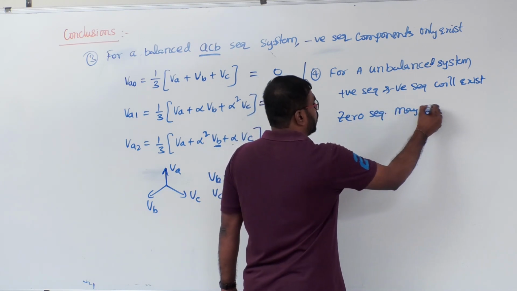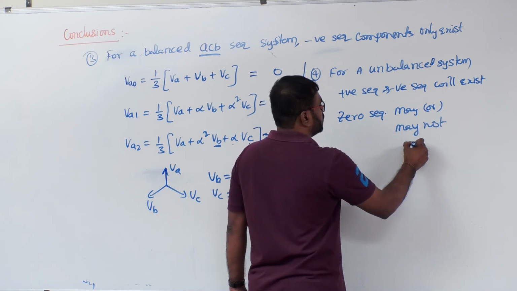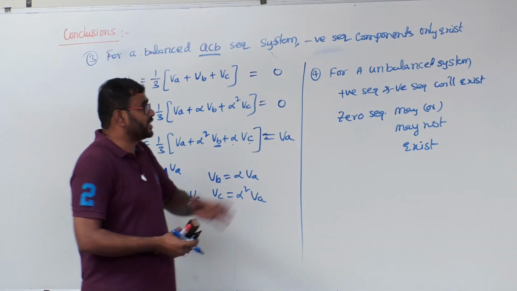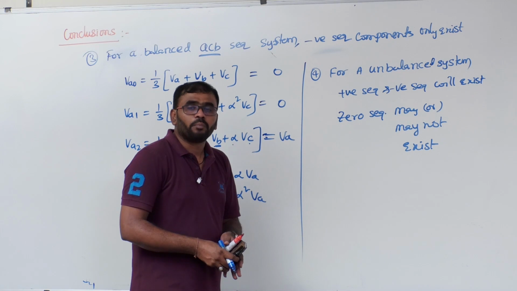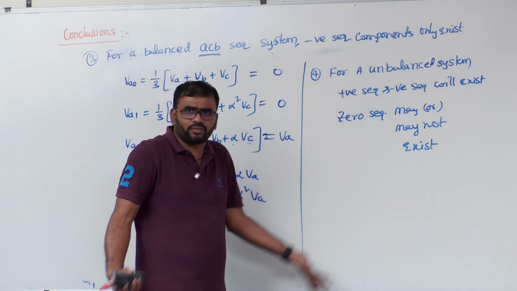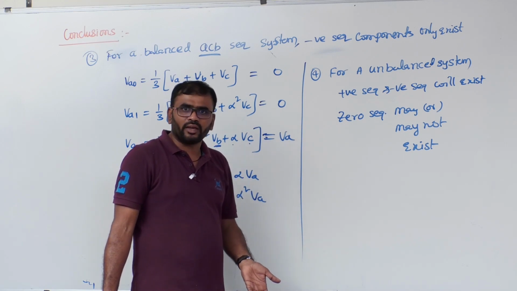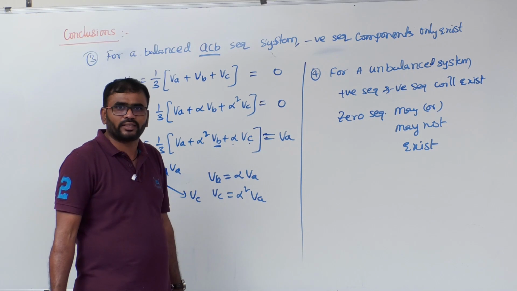They may exist, may not exist. Don't say that they definitely exist; that is not a correct statement. There may be a chance, so don't think that zero sequence components will always exist.